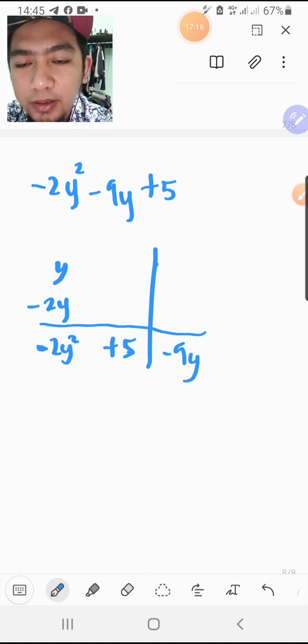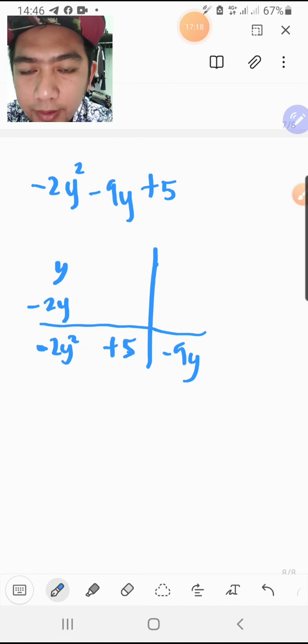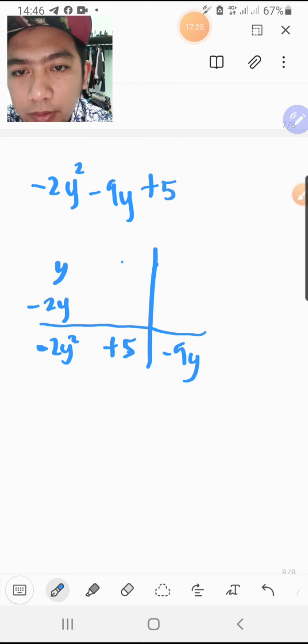Let's say kita letak negative 2y dulu lah. Okay. Now how to get 5? So 1 times 5. Ataupun dia boleh letak 5 times 1, kan? So kita try dulu kalau 1 times 5.